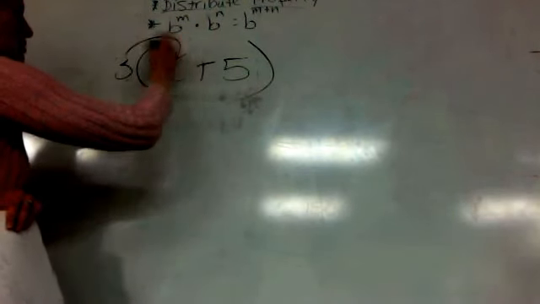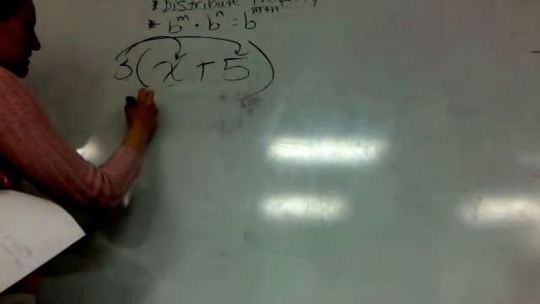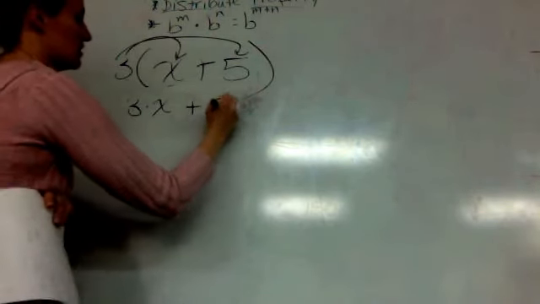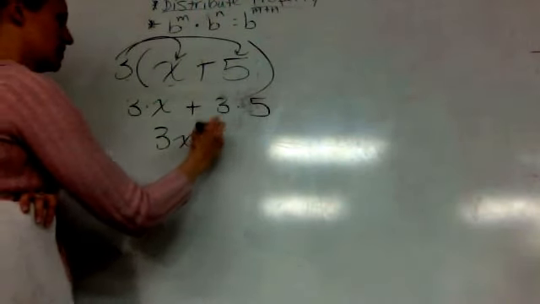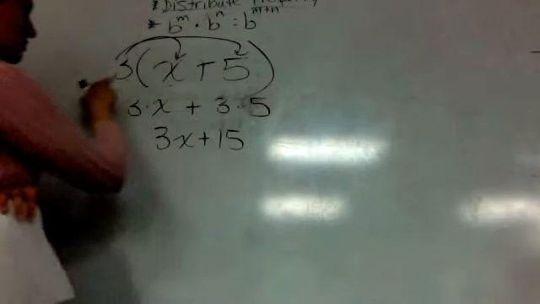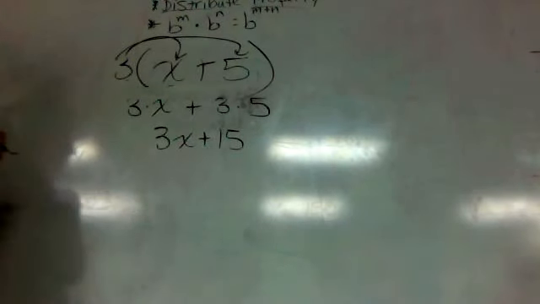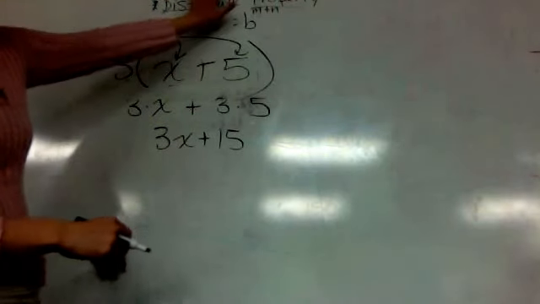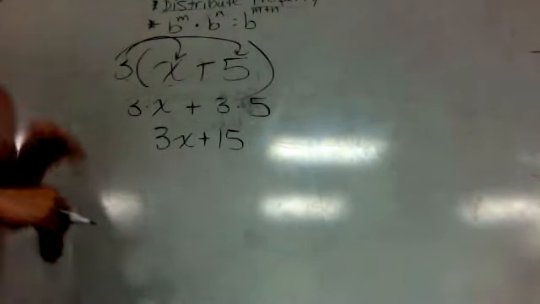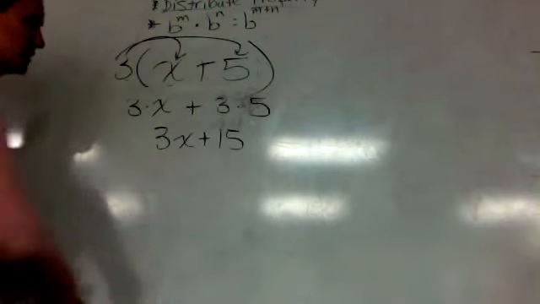We're going to distribute the multiplication through. So what we're doing is taking 3 times x plus 3 times 5. 3 times x is 3x. 3 times 5 is 15. So the answer to this multiplication is 3x plus 15. Again, like I said, multiplying a monomial times a polynomial is just really a review of the distributive property that we learned back at the beginning of the year.